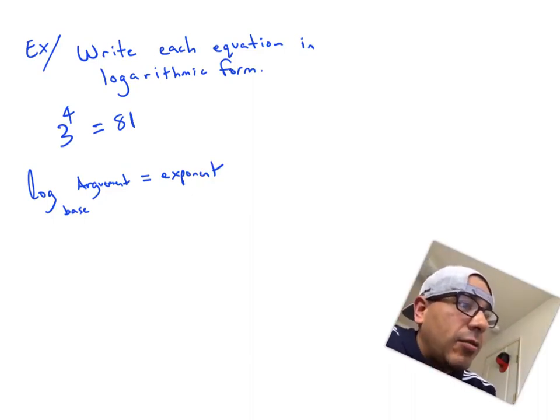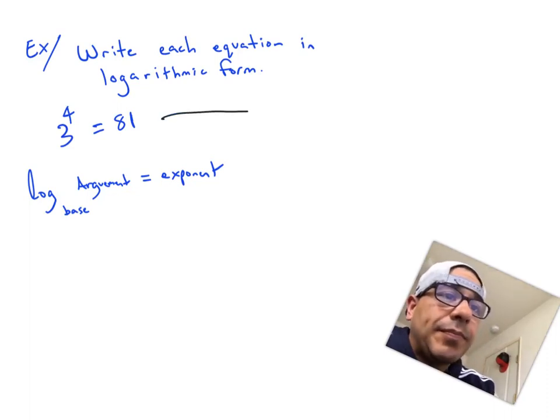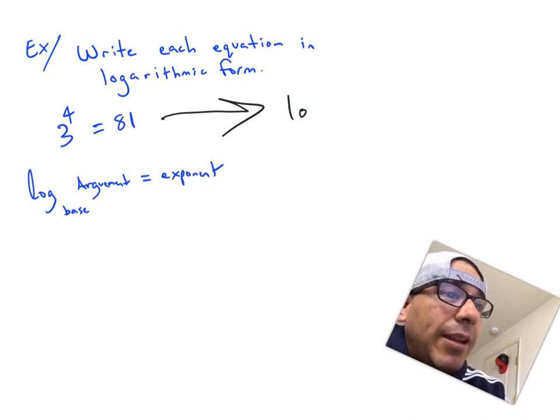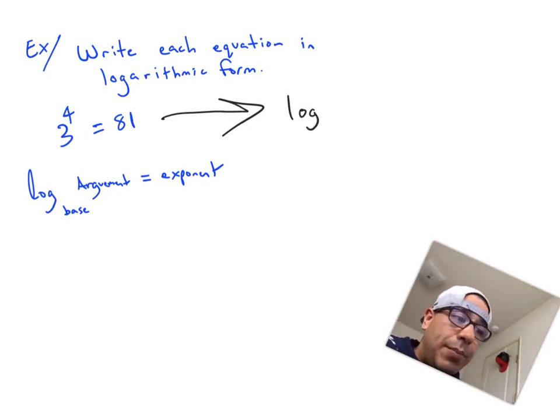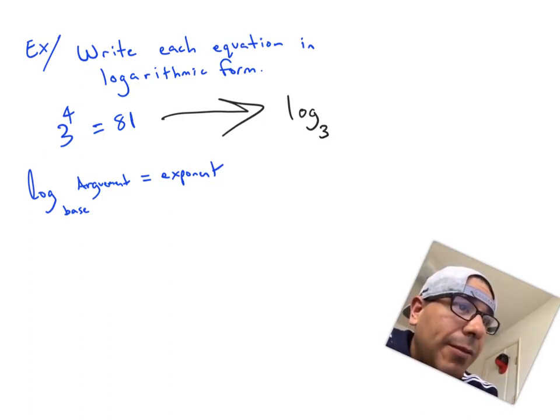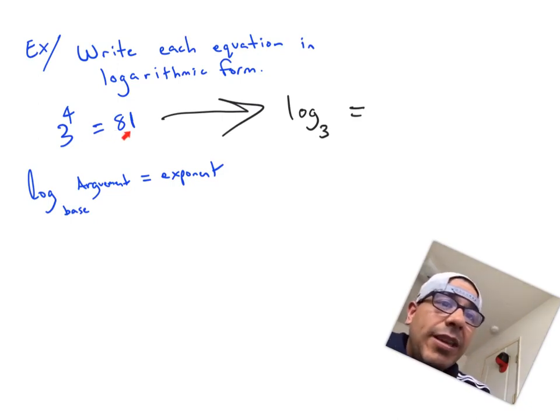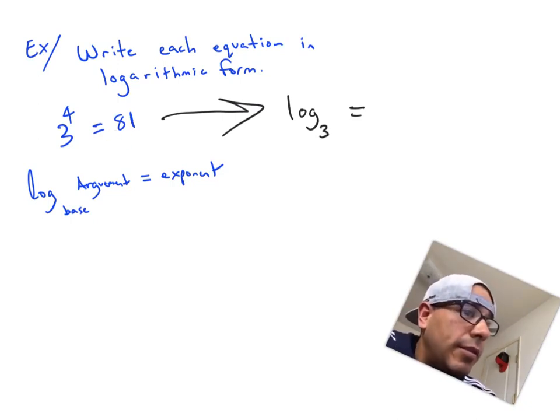So let's go ahead and transform this to logarithmic form. Let me start off by writing log, our base. We say our base is 3. And our argument is what it equals, 81.